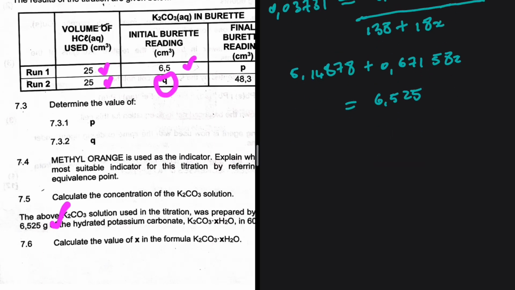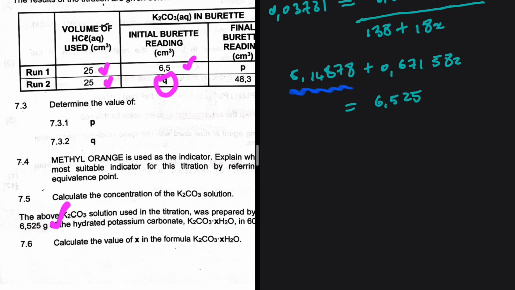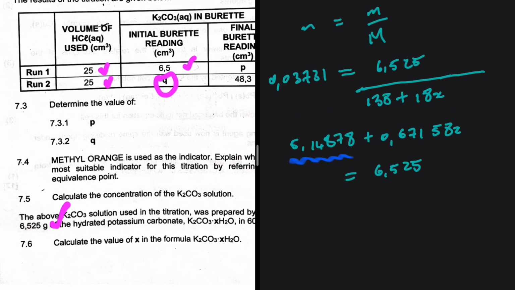So obviously I'm going to take this to the left hand side. So 6.525 minus, is this 5? Is this 5? Okay, let me multiply 138 with 0.03731 again. 5.1485. So this is 5.